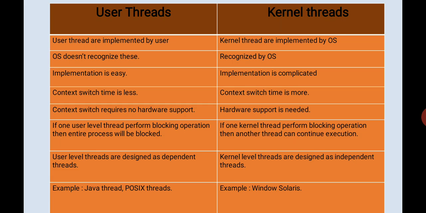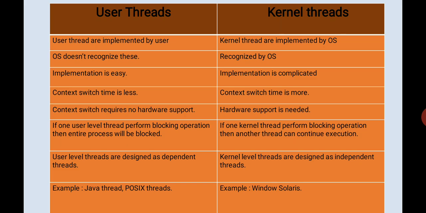If one user level thread performs a blocking operation, then the entire process will be blocked. Whereas if one kernel thread performs a blocking operation, then another thread can continue its execution. User level threads are designed as dependent threads, whereas kernel level threads are designed as independent threads.